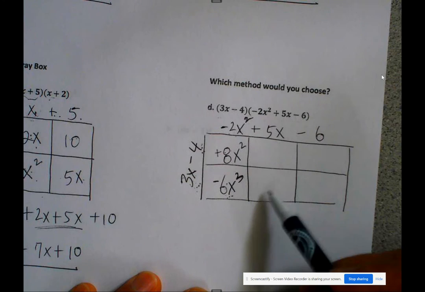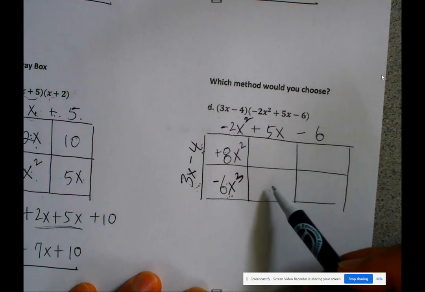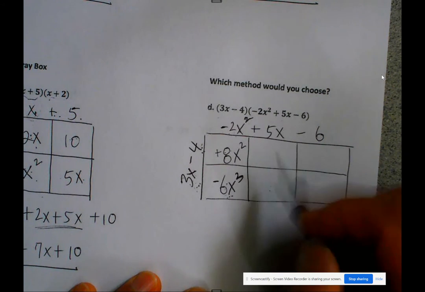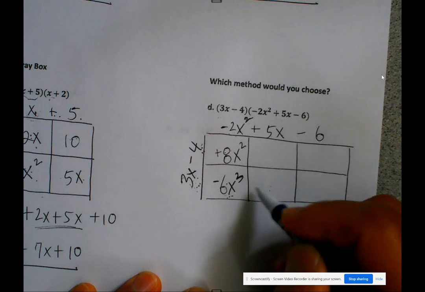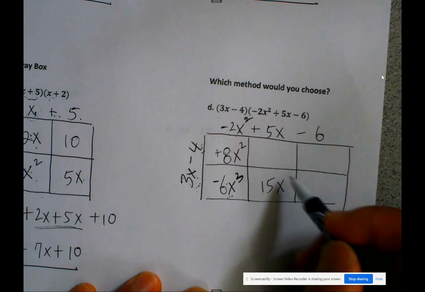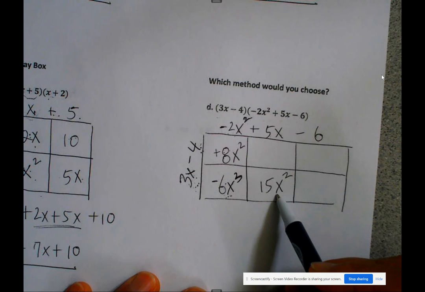Alright, so for this box, let's try. Sophia, do you have this box? Okay, this is 3x times 5x will give you 15x to the power of 2 will be this box. If you don't have that one, make sure you put them in.